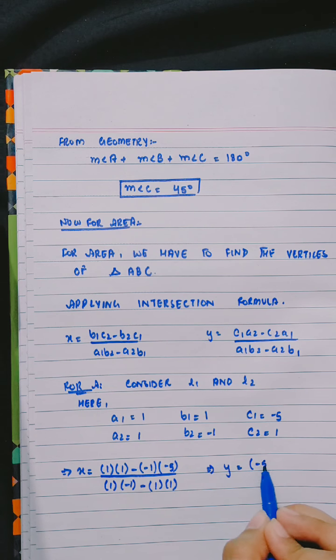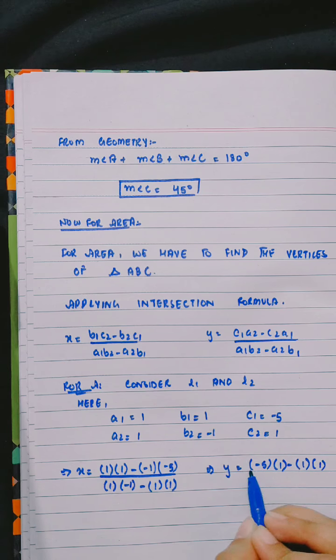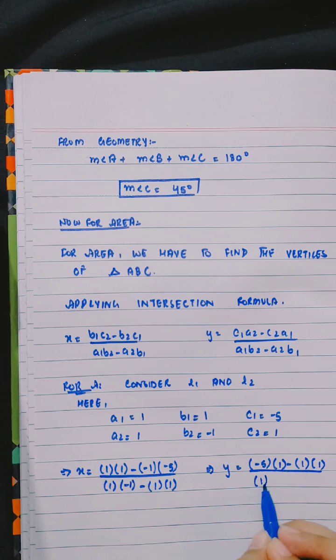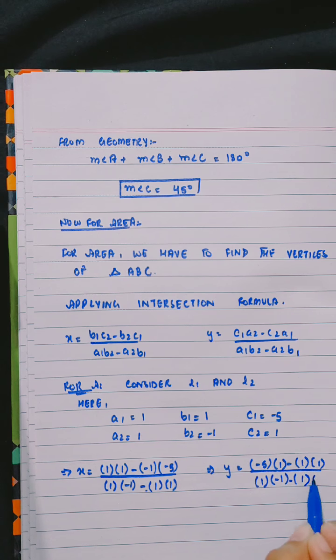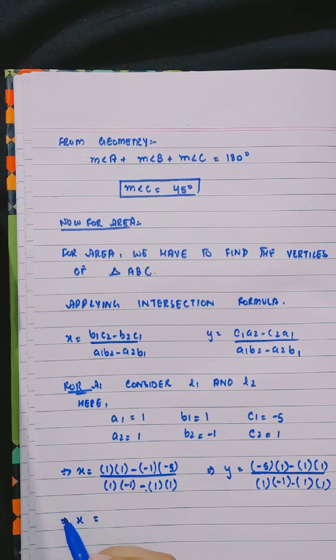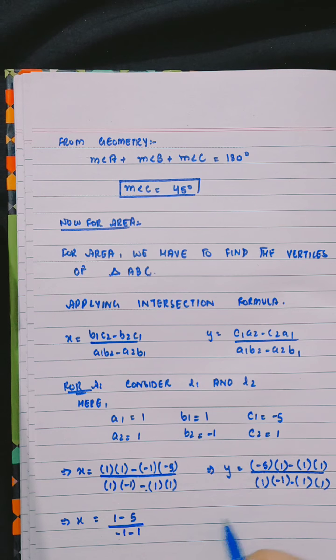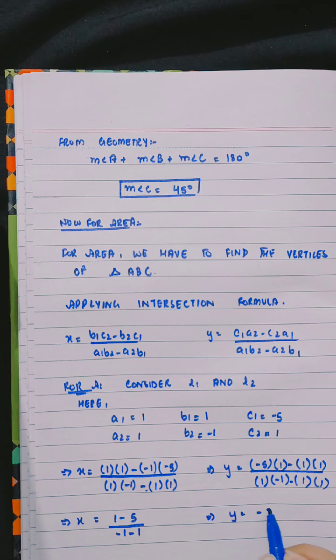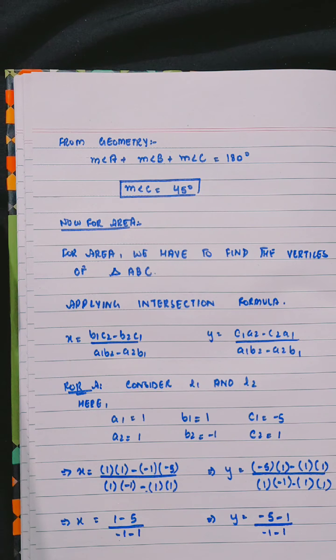Y is equals to minus 5 into 1 minus 1 into 1 and same values. X is equals to 1 minus 5 divided by minus 1 and y is equals to minus 5 minus 1 divided by minus 1 minus 1.